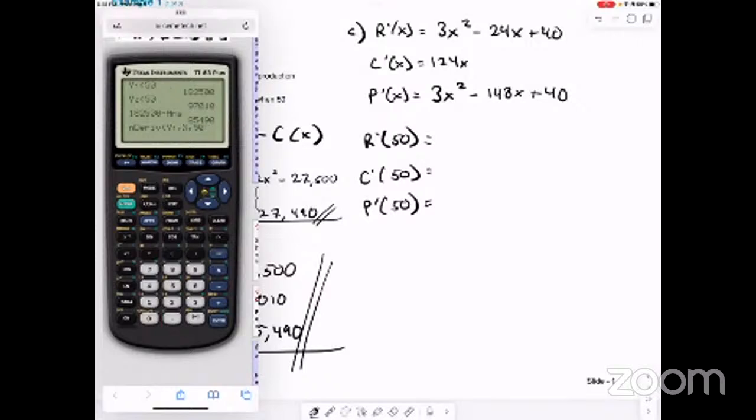Let's see if this works. Okay, I think this may have worked. So if we say 3 parentheses 50 squared minus 24 times 50 plus 40. Okay, let's see.